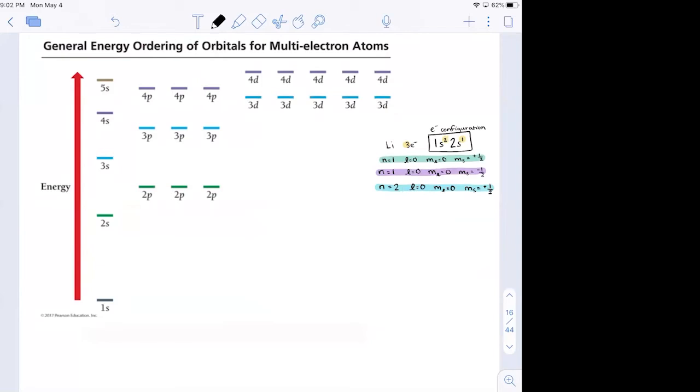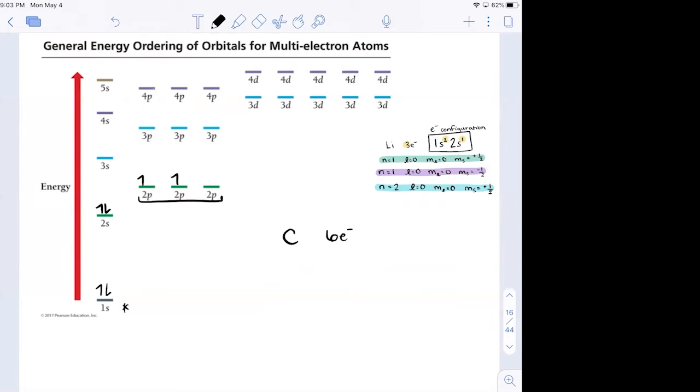Let's go ahead and look at carbon. Carbon is on the periodic table in row 2. It has 6 electrons. Let's go ahead and build up. 1, 2, 3, 4. There's the Aufbau principle and the Pauli exclusion principle working for us. Now we get to degenerate orbitals. Don't forget Hund's rule. 5, 6.